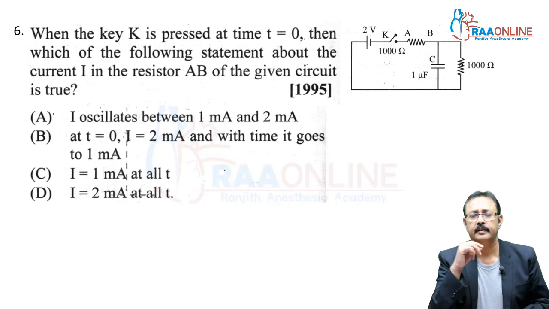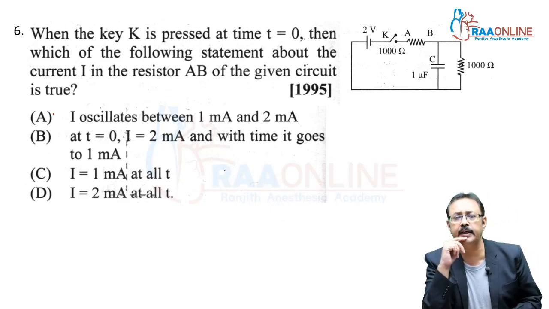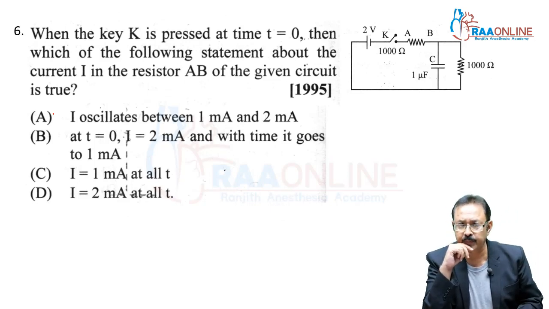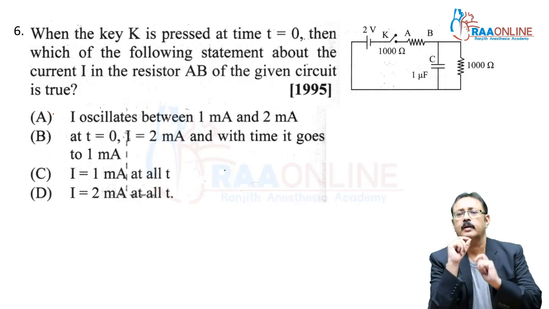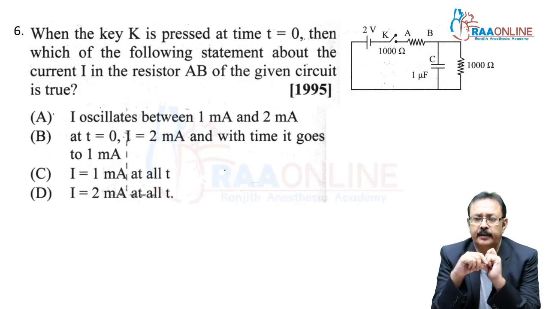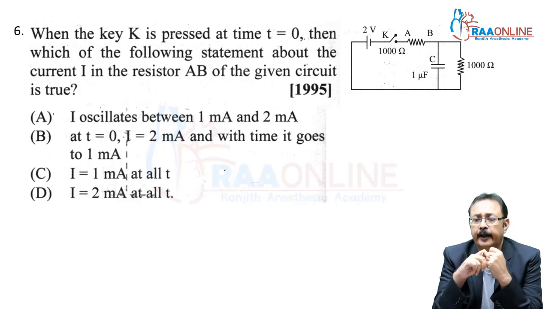Next, it is from 1995 AIPMT. When the key K is pressed at time t is equals to 0, then which of the following statements about the current I in the resistor AB of the given circuit is true? When you press the key, capacitor was not charged.